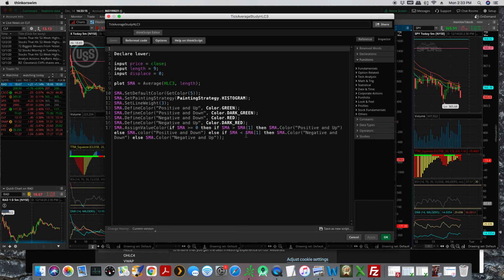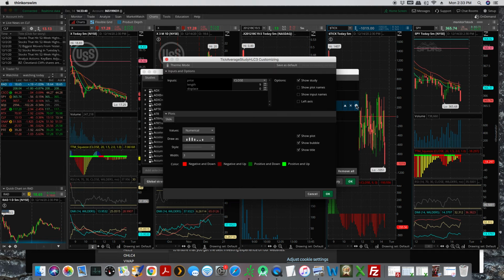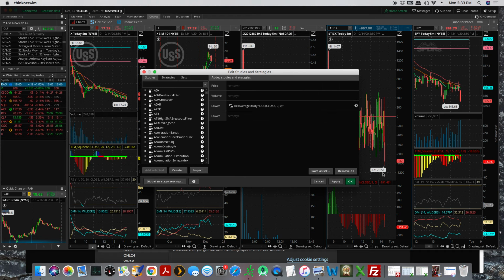If it's negative and less than the prior average, we're going to be negative and down, meaning red. And if we're negative but greater than the previous one, we're going to be a dark red. So as you can see, and here's where you can change it, if you take this settings gear, you can change the length.